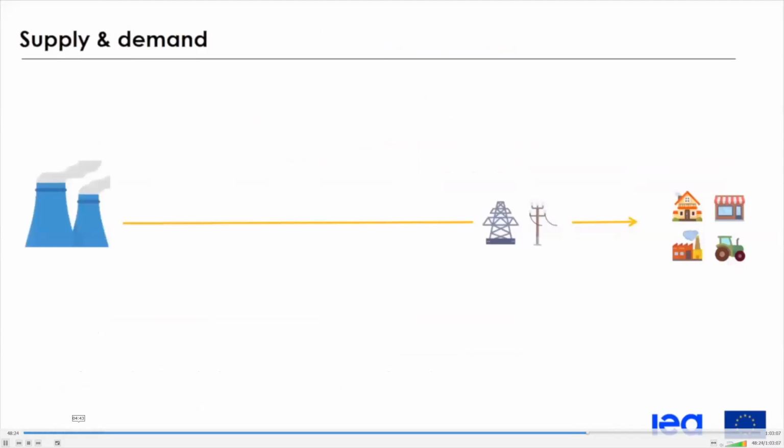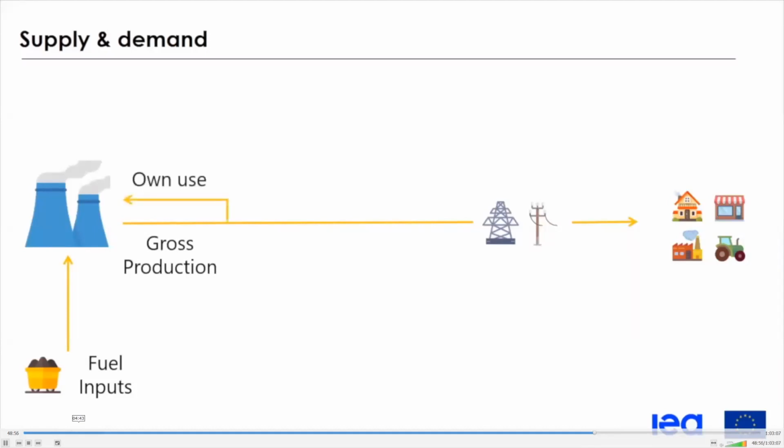Now let's talk a little bit more about the data themselves. So how do we represent a tricky issue that are electricity and heat data sets? In terms of supply, we collect the fuel inputs to electricity and heat generations, so the quantity of coal or natural gas burnt to generate electricity. From this, we obtain the gross production, and we subtract from that the own use by the electricity plant to obtain the net production.